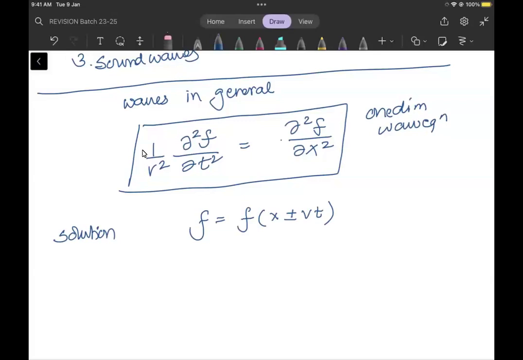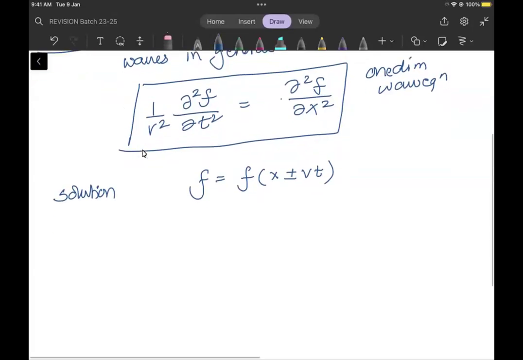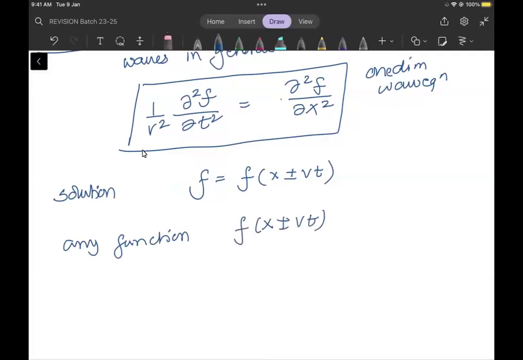Okay? So any function which is f(x plus minus vt) of this form, right, and satisfies two particular conditions.